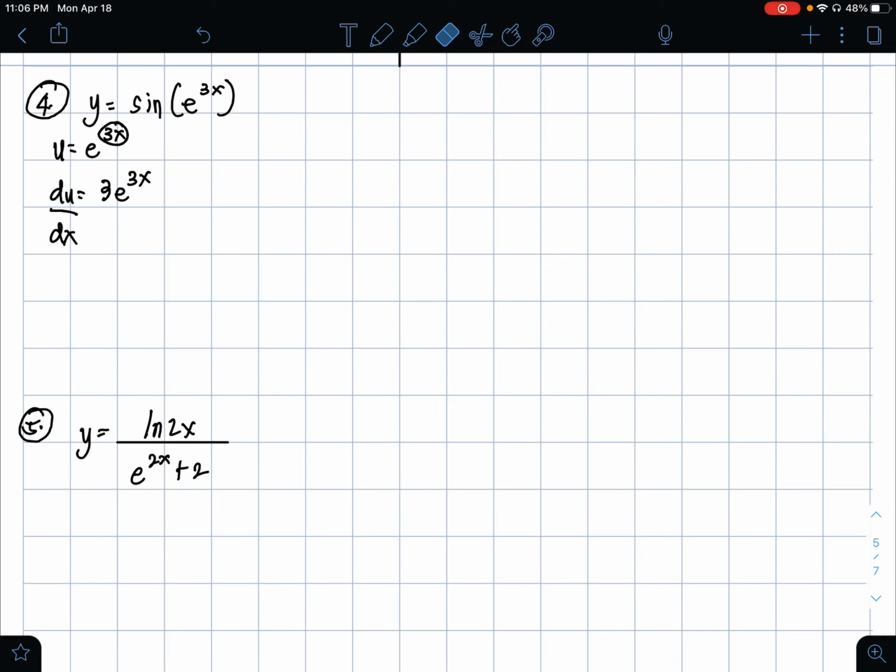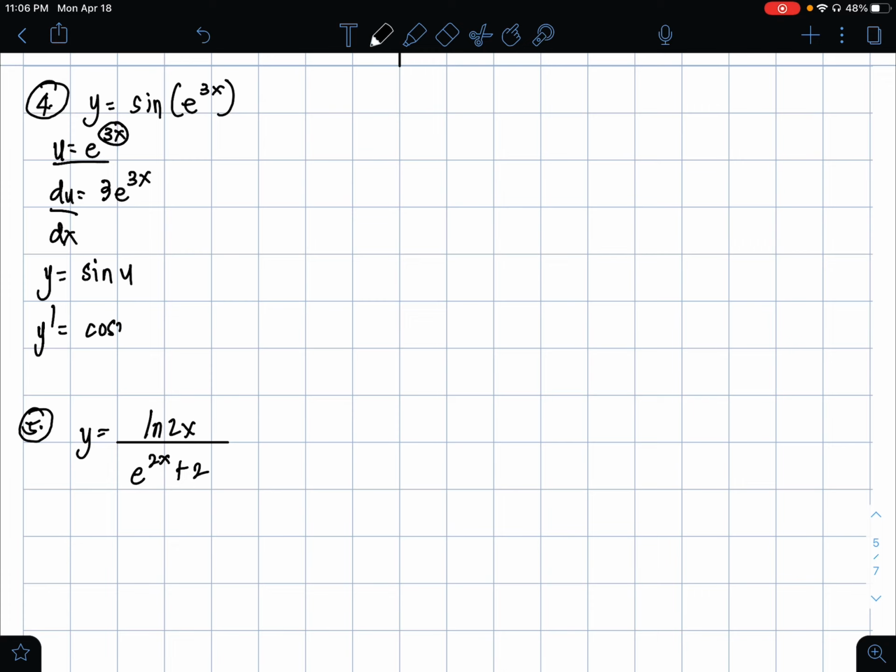Okay, so now let's go back. So we can again rewrite that expression into sine u. So u natin is e3x, right? So to derive that one, that's y prime is equal to sine, or sorry, derivative of sine u is cosine u, right?